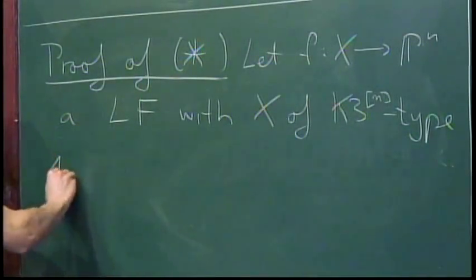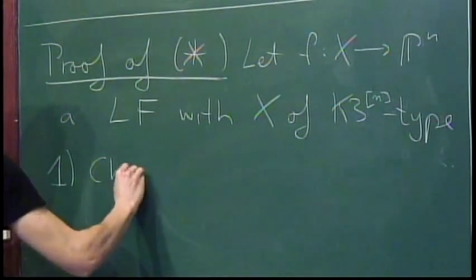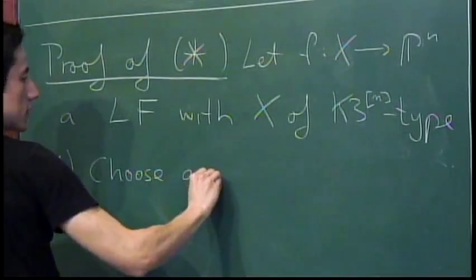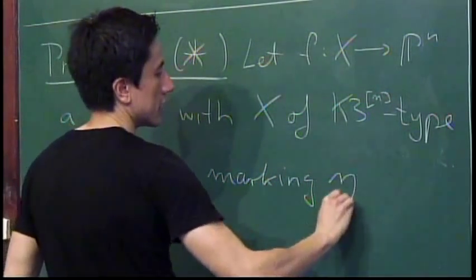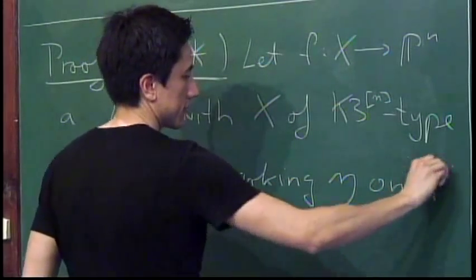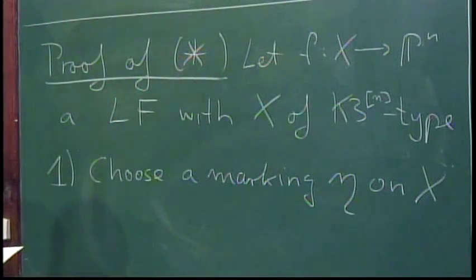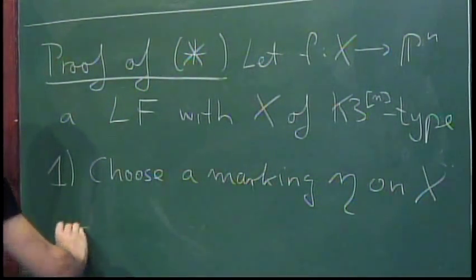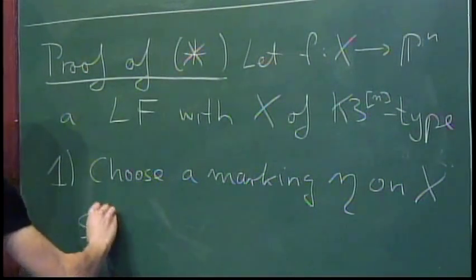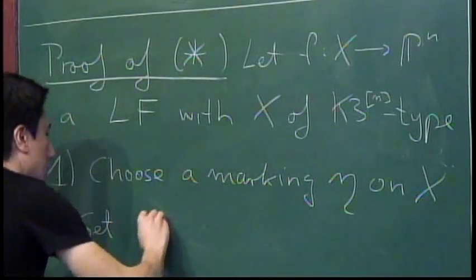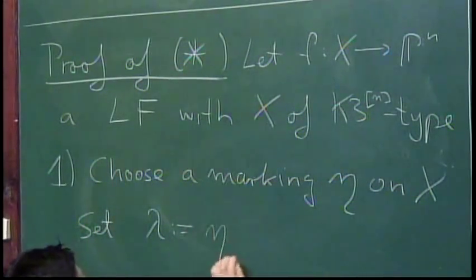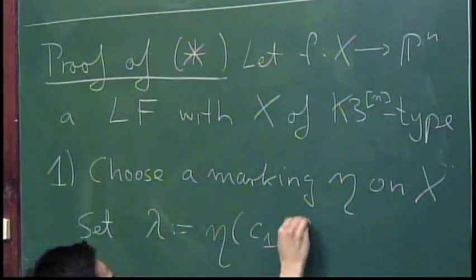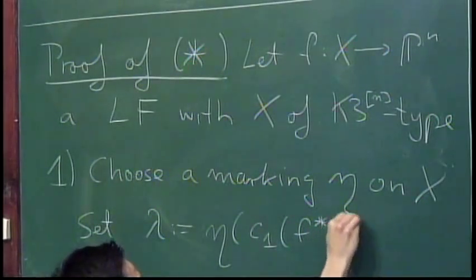So the first step is just to choose the marking eta on X, and set lambda to be the eta of the first Chern class of the pullback of the O(1) bundle.